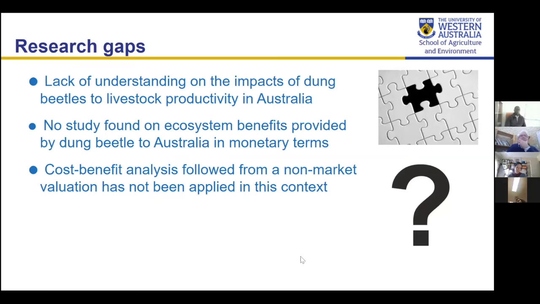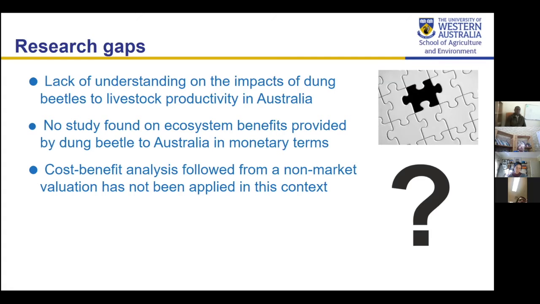There are a lot of things we don't know yet. There is a lack of understanding on how dung beetles impact livestock productivity. We don't have evidence that they increase productivity, and that is what we are looking for. No study has found ecosystem benefits provided by dung beetles to Australia in monetary terms.